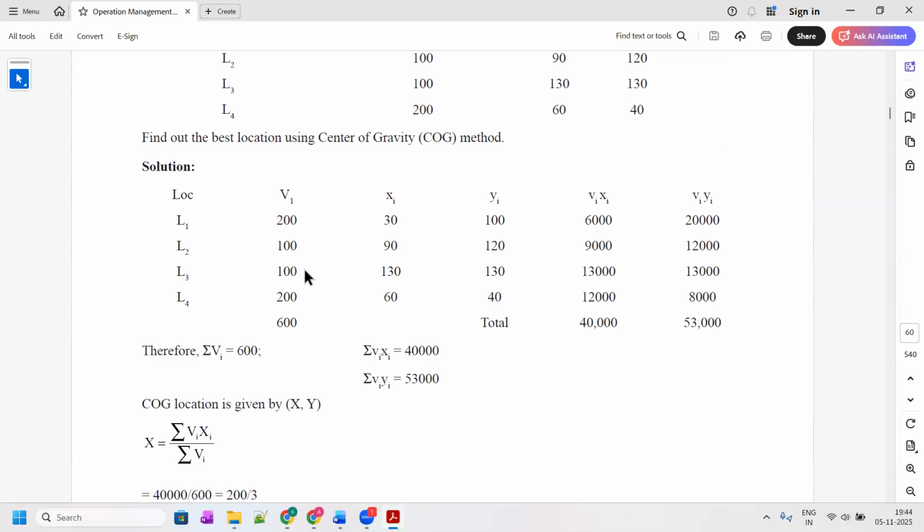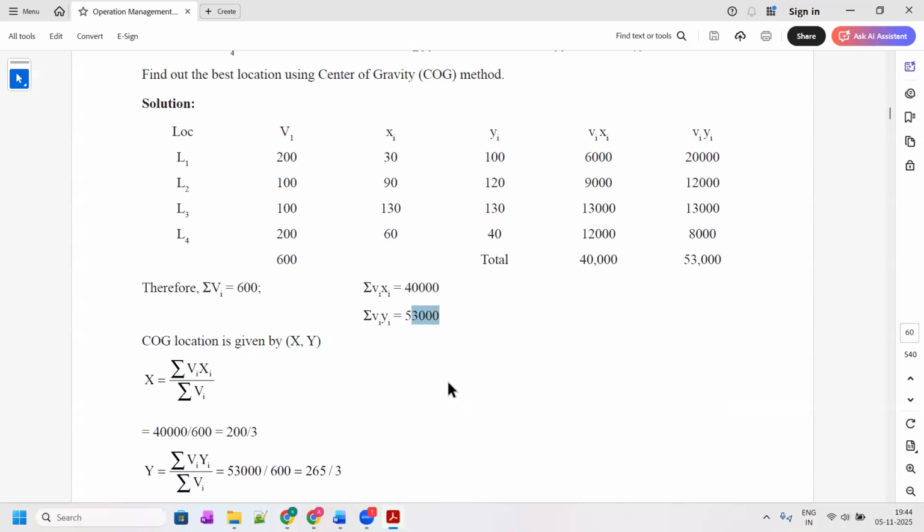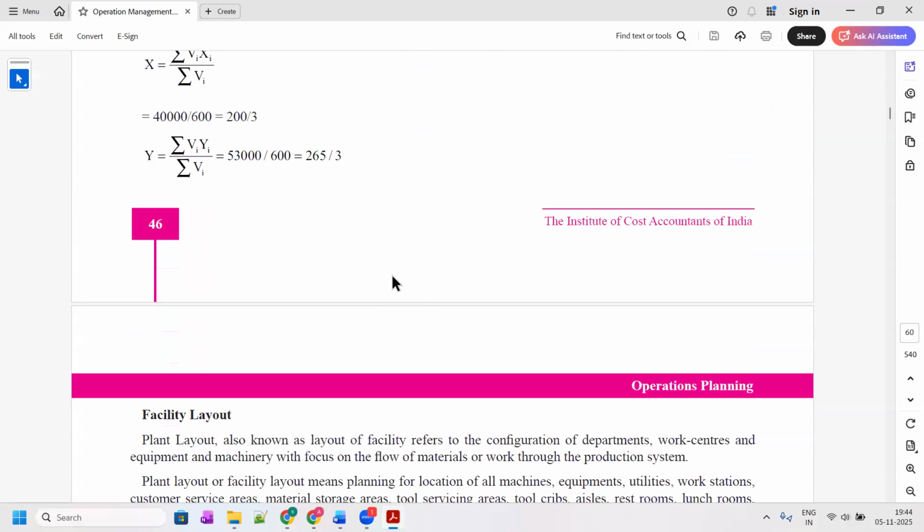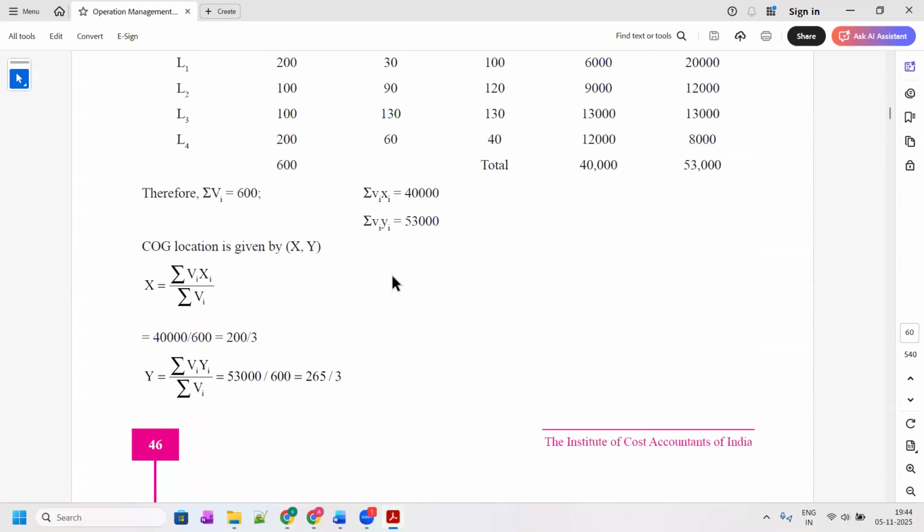The sum of the volume was 600, and the sum product of volume with the coordinates was 40,000 for one and 53,000 for the other. They divided 40,000 by 600 and 53,000 by 600, and this gave them the values. Whatever value they got gave them an idea about which is better as per the center of gravity method.